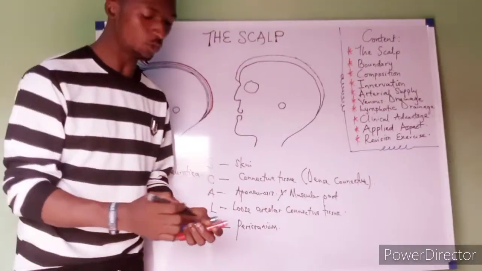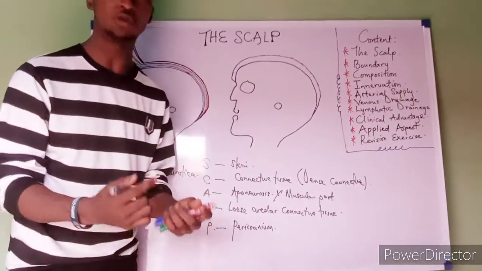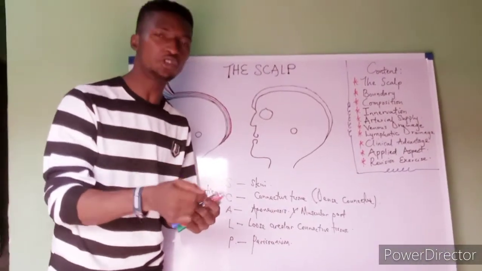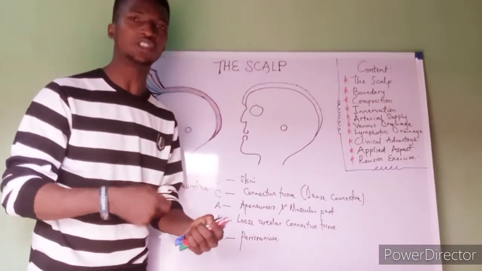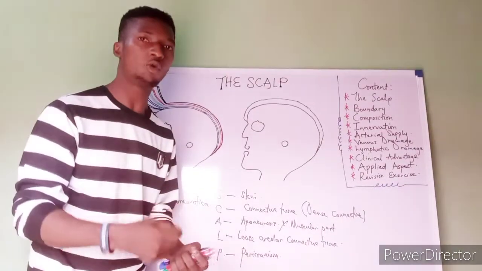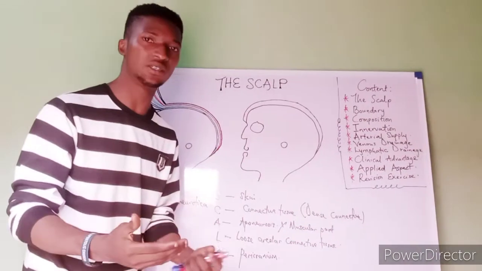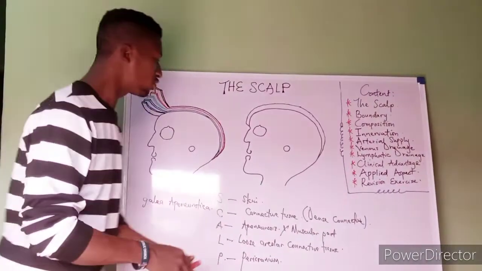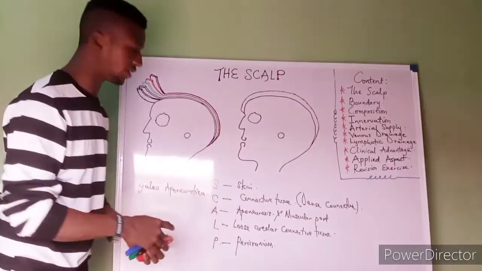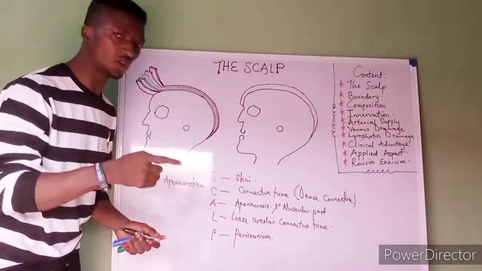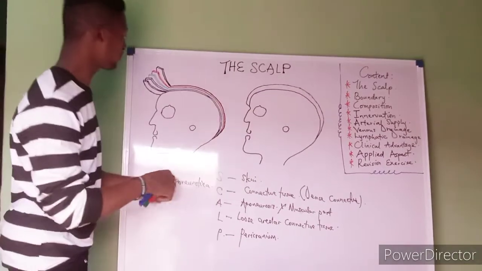You must note that compared to the aponeurosis, tendons are usually strands, continuations of muscles. But aponeuroses are flat sheets, continuations of muscles. So the sheet that we have here is called the galea aponeurotica, and it bounds the region of the scalp.